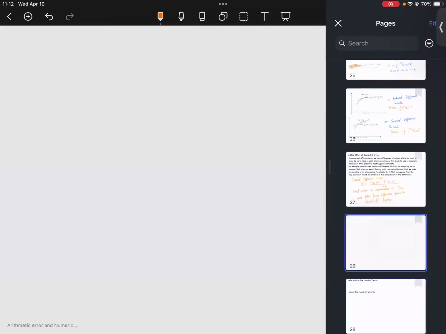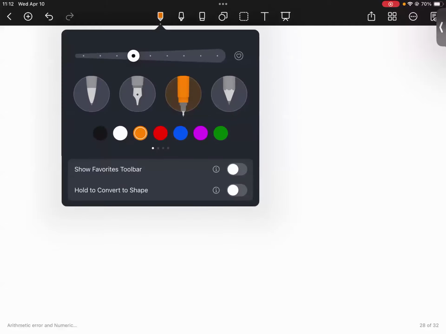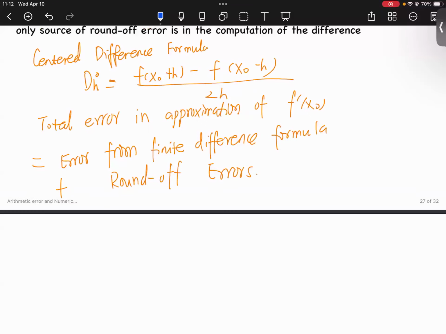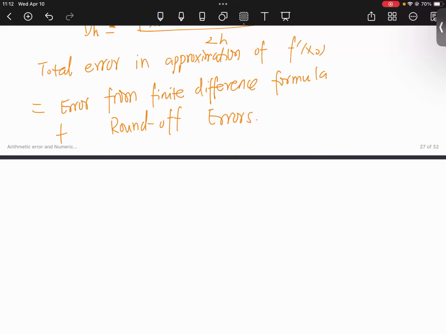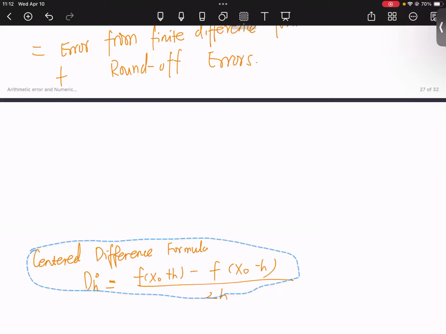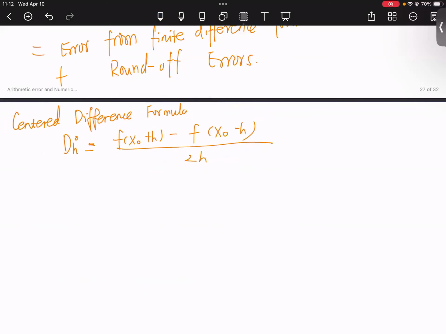So first of all, as I mentioned, let's say we have some rounding off errors for the terms. The first one and the second one are in the numerator. And this is the center difference formula.